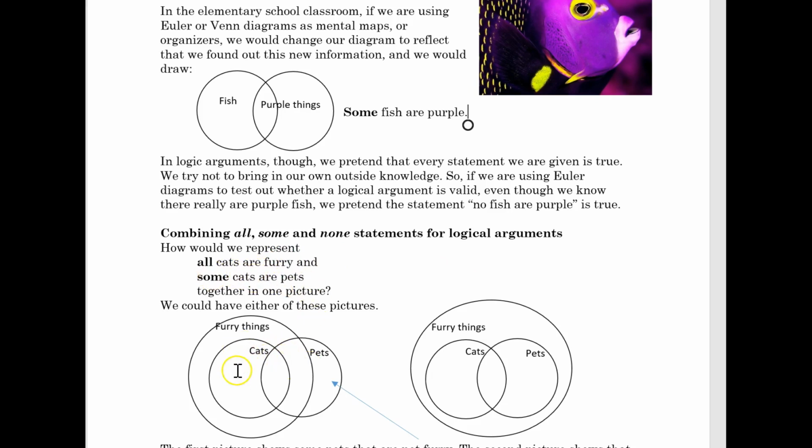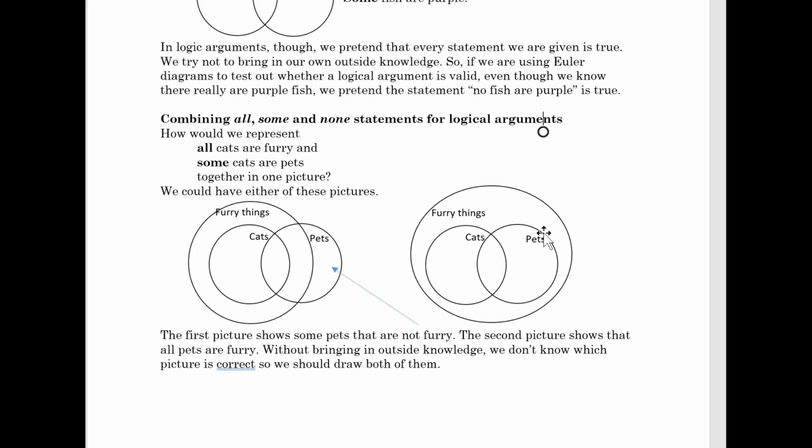So these two circles have to overlap. Some cats are pets, but it's not clear if pets is inside furry things or outside. I mean, if you use outside knowledge, that there are pets that are not furry, the real picture is the one on the left.